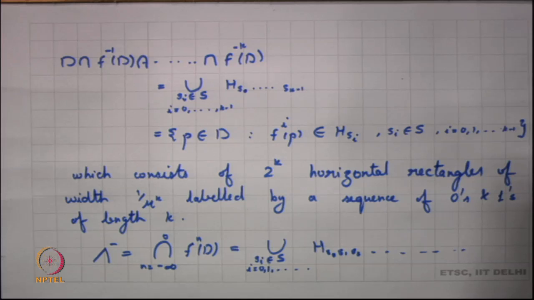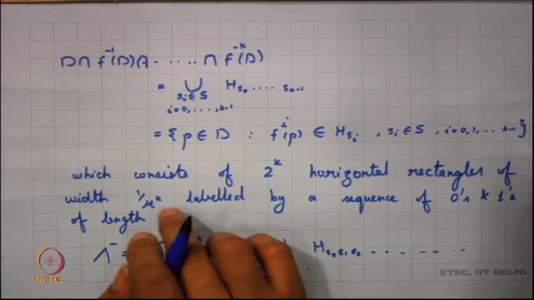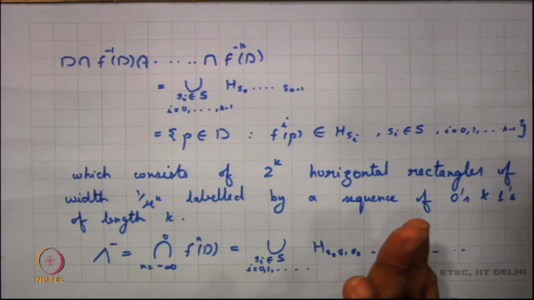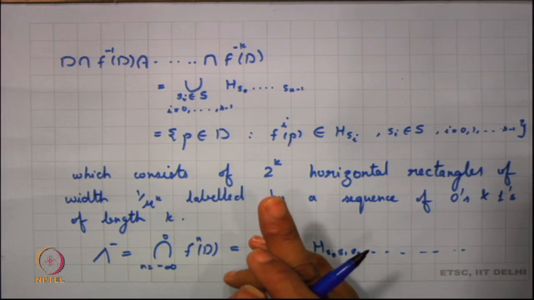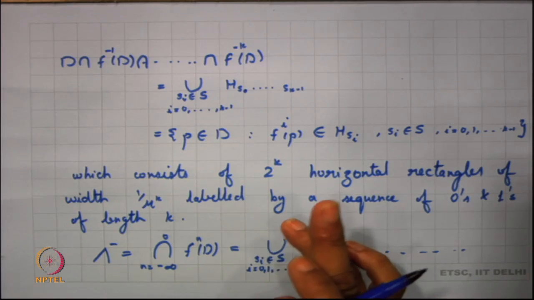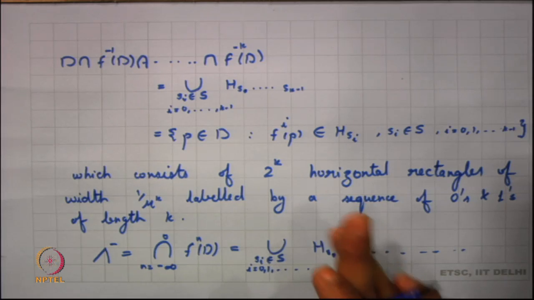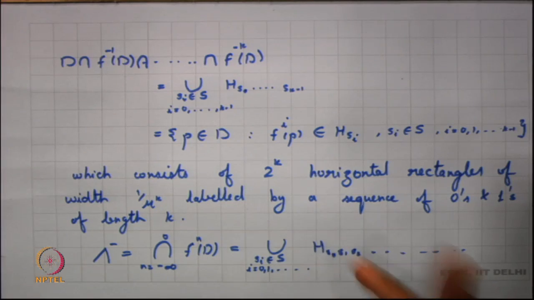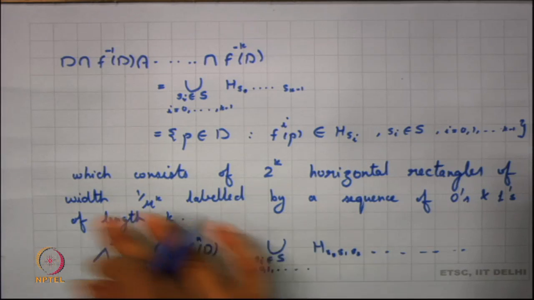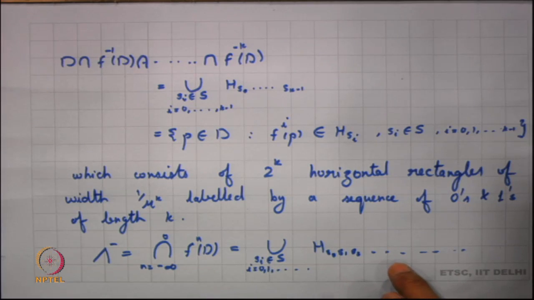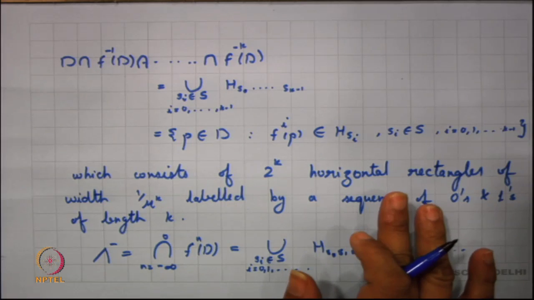Now, at the kth stage when we are taking the limit, we know that mu is greater than 2. So, 1 upon mu to the power k is again going to tend to 0. So, at the infinite stage, what we get is infinite horizontal lines. Each of these lines has a unique association with a sequence of zeros and ones, and there are infinitely many such horizontal lines.